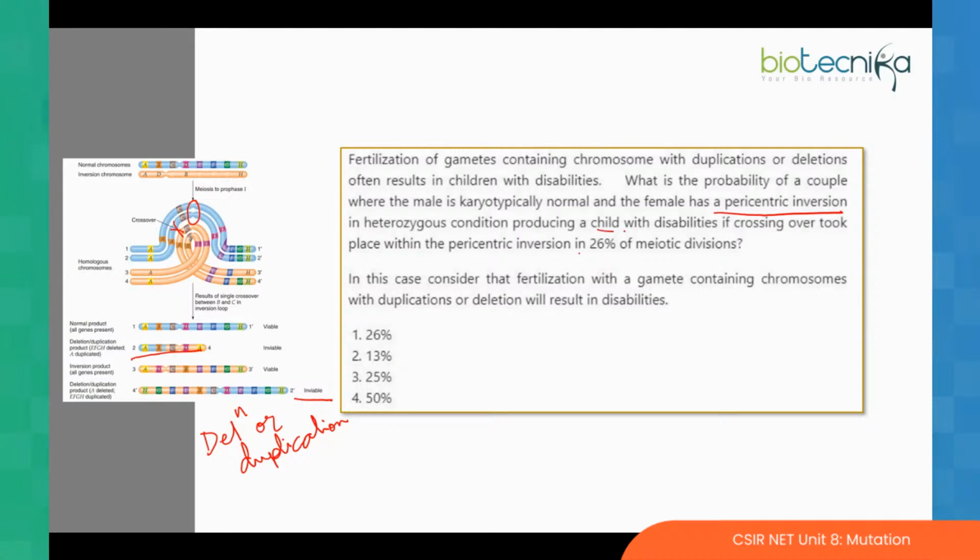And the question is, if in 26% of the meiotic divisions there is crossing over occurring through the pericentric inverted segment, then what is the chance of producing a child with disability? So when will the child have disability? When these recombinant gametes are coming.